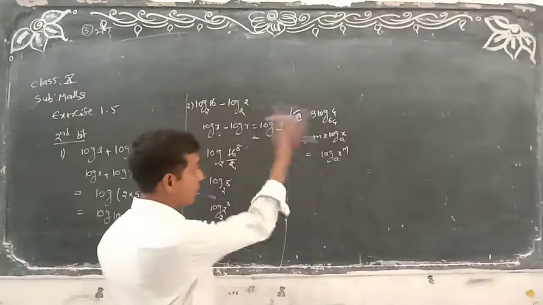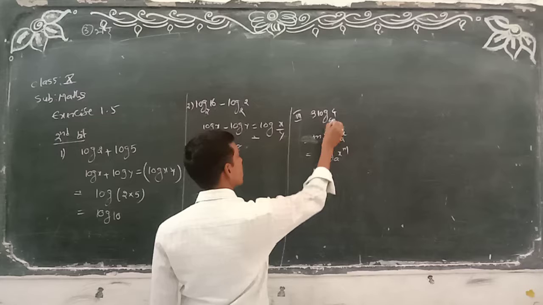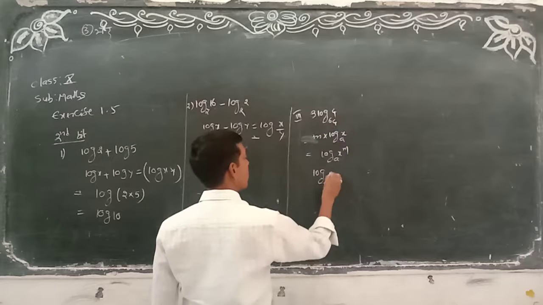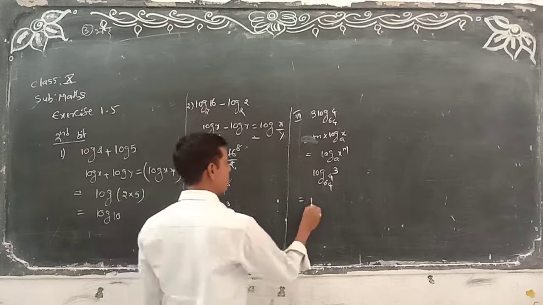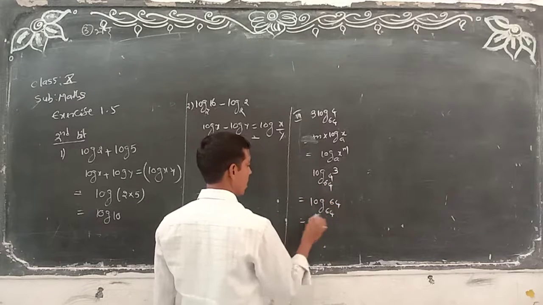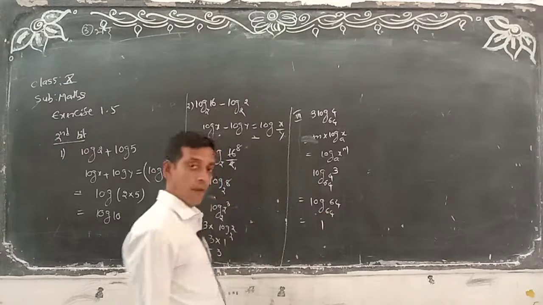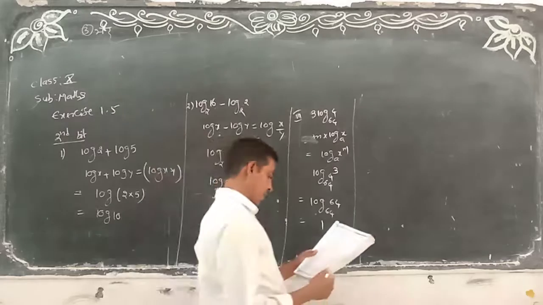This is the formula to convert this one. Okay? Next, same like here, log 64 4. What is there here? 3. For simplification, what do we have to do here? Log 64 4 cube means what here? 64. Log 64 here 1. Okay? Clear?